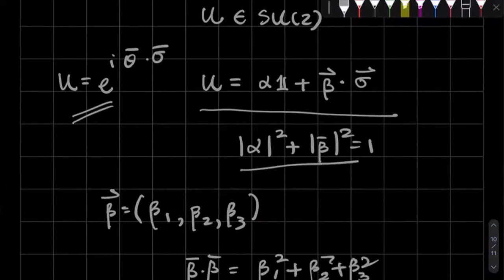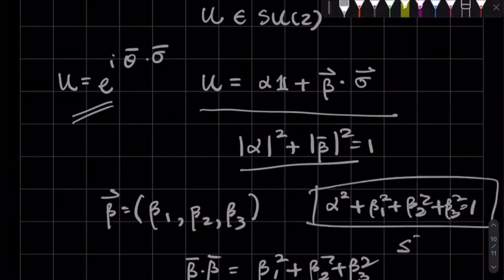So this equation is alpha squared plus beta 1 squared plus beta 2 squared plus beta 3 squared equals 1. This is the equation of a three-dimensional sphere, right?